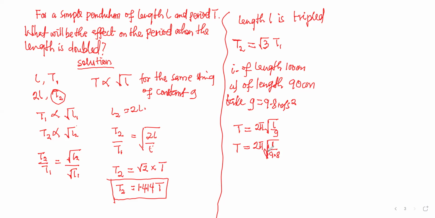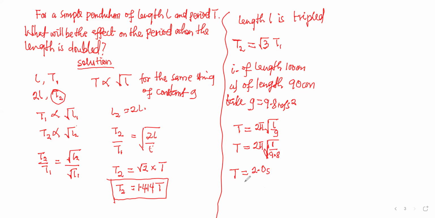If you are using the formula, when you are given a length, then you must change the length from centimeter to meter because acceleration due to gravity is given to you in meter per second squared, SI units. And when you do that, for a length of 100 centimeter, the period will be close to 2.0 seconds.